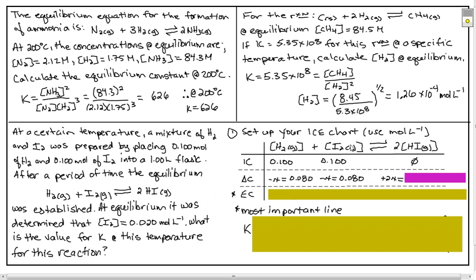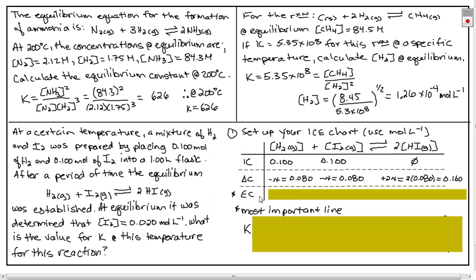Now, for every 1 part of hydrogen gas or iodine gas reacting in this reaction, we get 2 parts hydrogen iodide gas. So our change here is going to be plus 2x because we have a 2 out in front. Notice how I set up my equilibrium reaction. That means I would take whatever x is here and multiply it by 2, as you can see here in the calculation, so I get 0.160 moles per liter as my change.